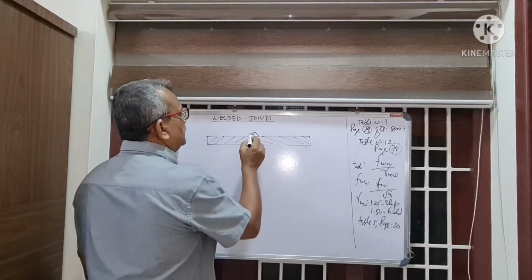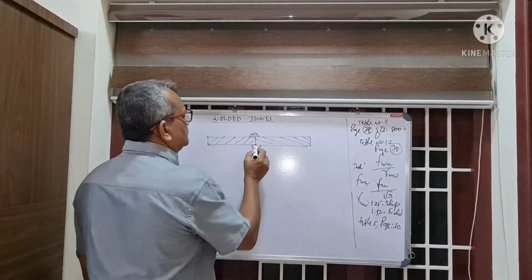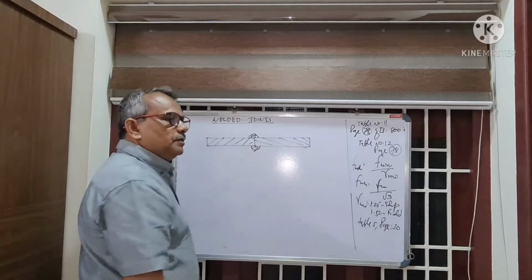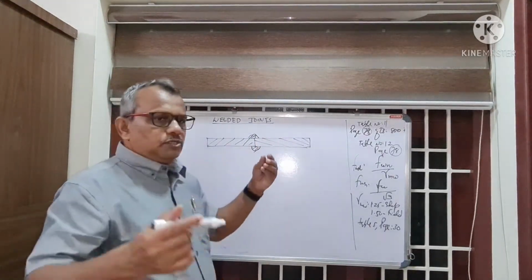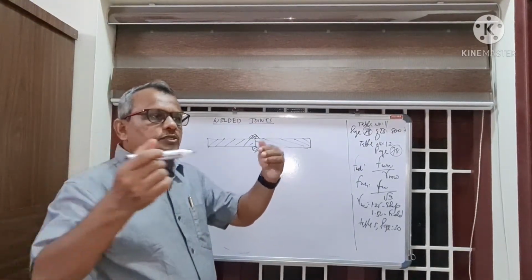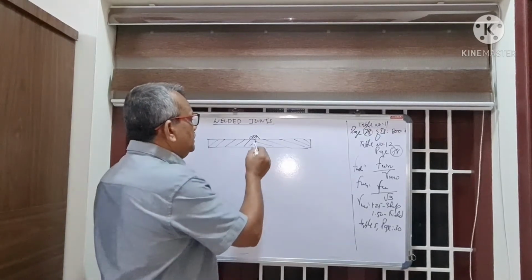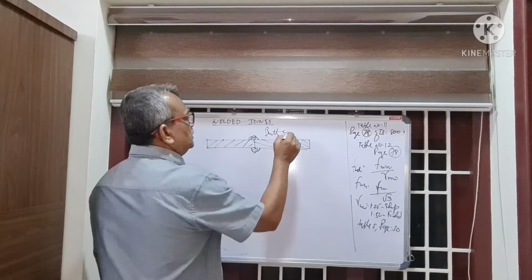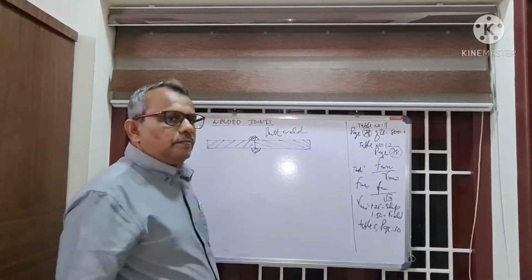Here it will be welded, and by welding the two plates can be joined. This joint is known as the butt joint. Two plates connected together end to end, and this is known as a butt weld, B-U-T-T.